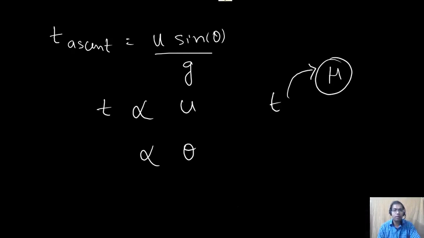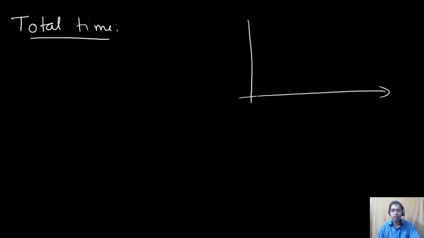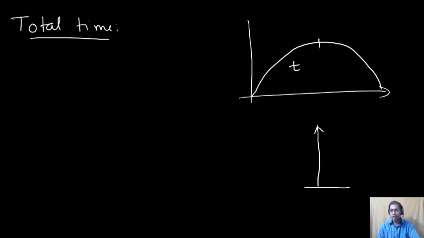The next thing that we can go ahead and find is the total time. In the projectile motion, we have said that this is how it is going to go and come back. And we have found out the time taken for it to reach the maximum height. Now the understanding is, let's say you throw up a ball straight, and it takes 1 second to reach the highest point, then it is going to come down in the next 1 second.